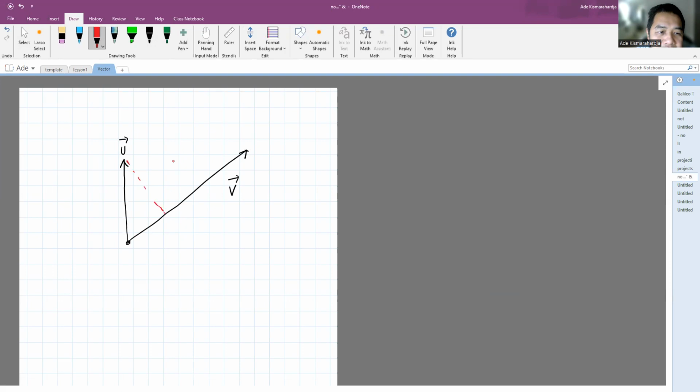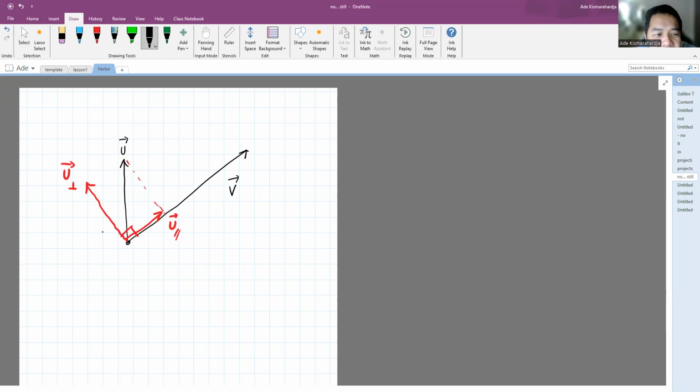The first one is parallel to V. Let me call it U parallel. And the second one is the component that is perpendicular to V. So this is U perpendicular.